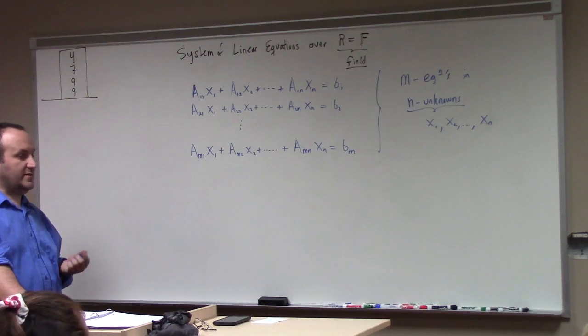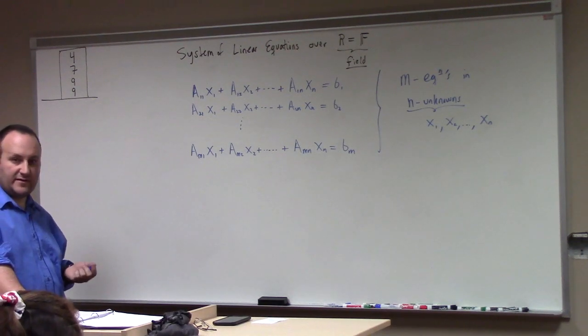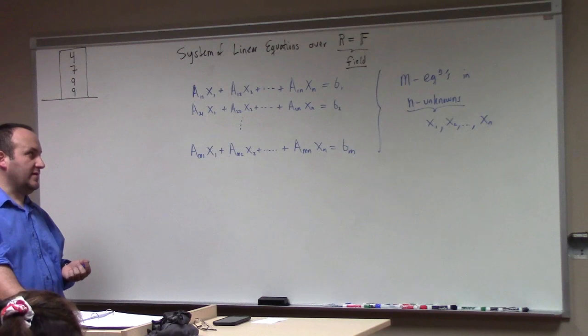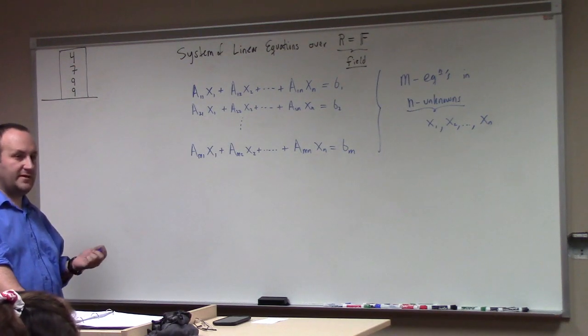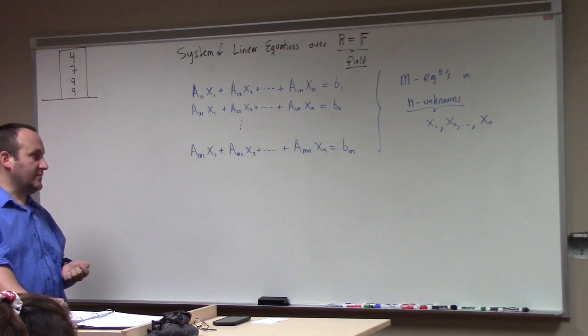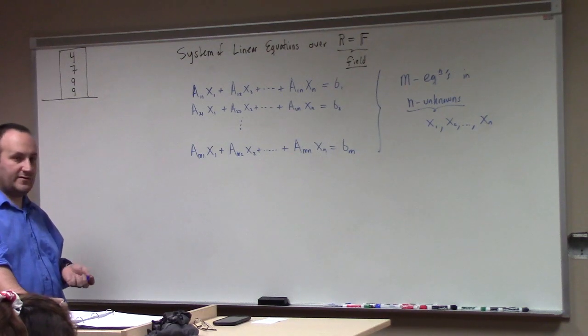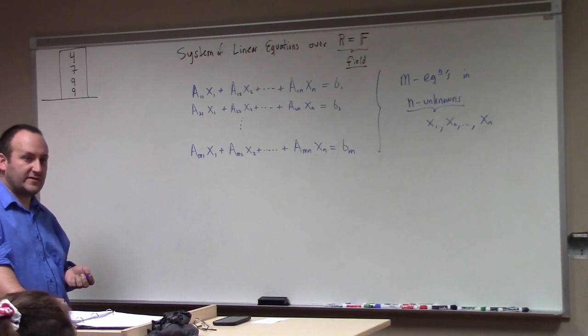Now, we've talked a little bit about matrices and column vectors and so forth, and so one of the things we can immediately do is to recast this system in terms of a coefficient matrix, a vector of unknowns, and a so-called inhomogeneous term.